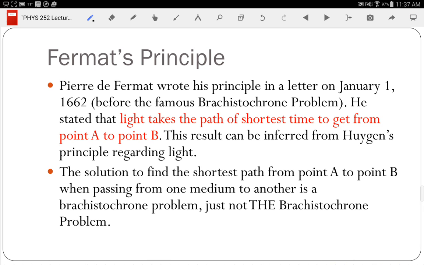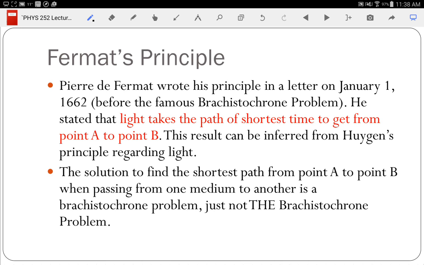So what is the problem we're going to look at? We have to go back to before Bernoulli's brachistochrone problem, to when Fermat proposed that light going from point A to point B is always going to take the path of shortest time.